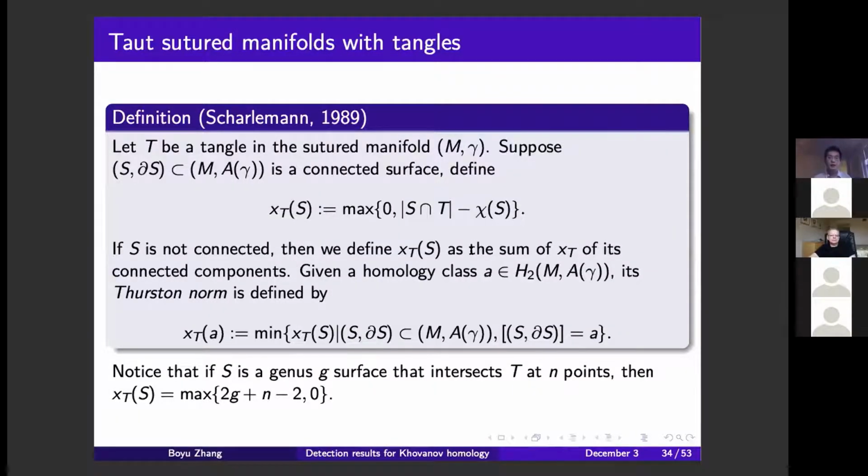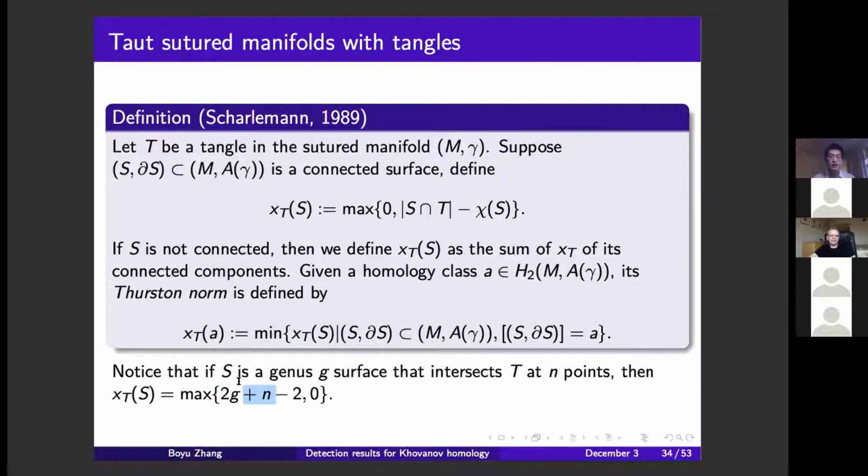In the 1980s, Scharlemann studied the properties of sutured manifolds with tangles, and in particular, he defined a version of a generalized Thurston norm for surfaces that are embedded in a sutured manifold with tangles. The definition of the generalized Thurston norm is basically identical to the definition of the standard Thurston norm, except that when we take the Euler characteristic, instead of taking it to be 2g minus 2, we have to take it to be 2g plus n minus 2.